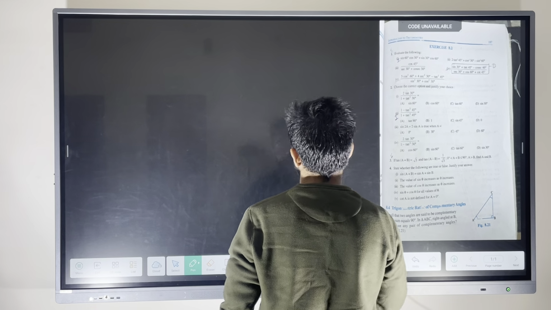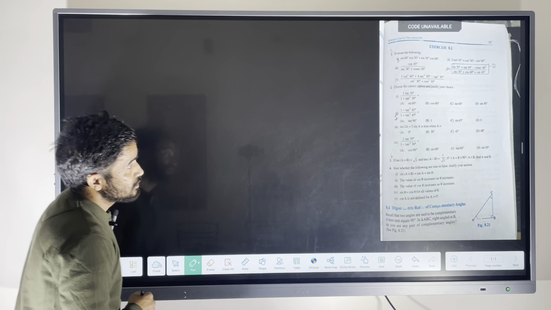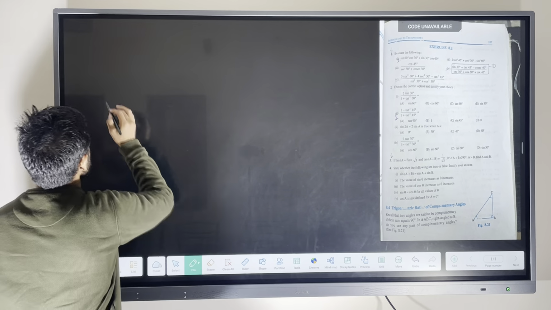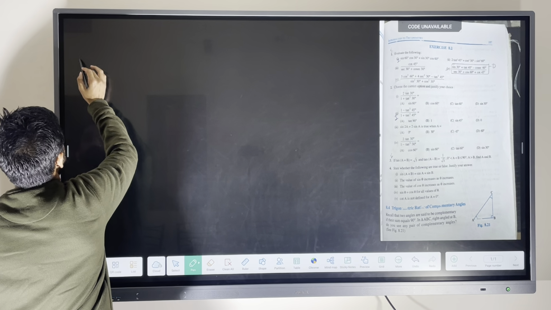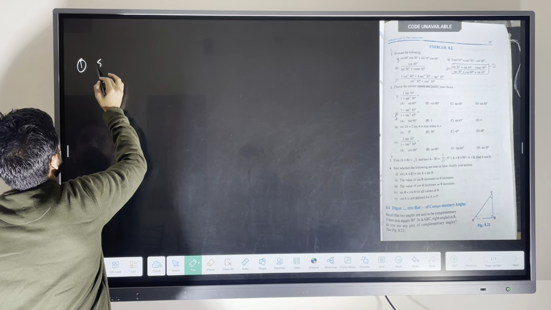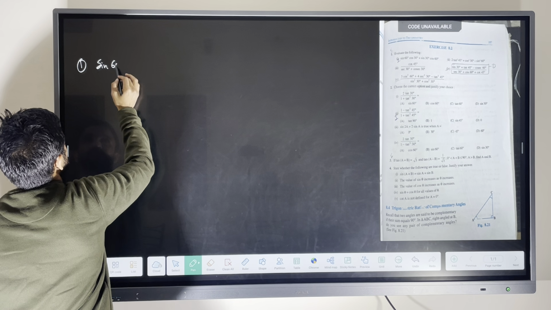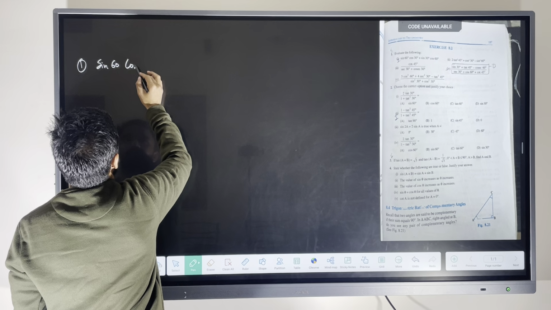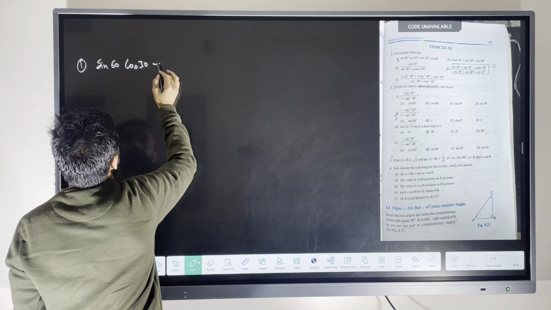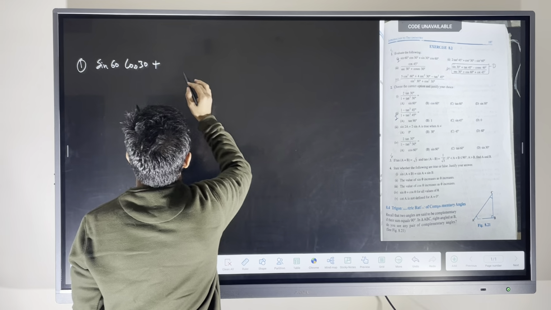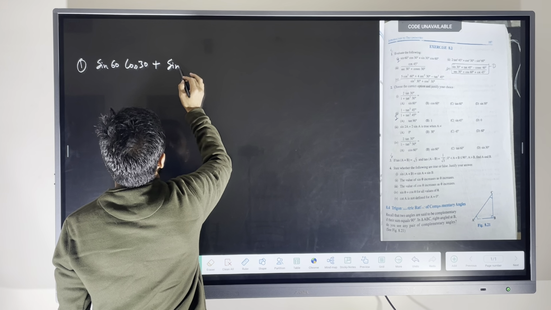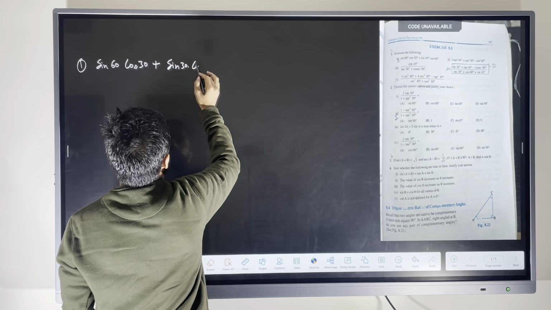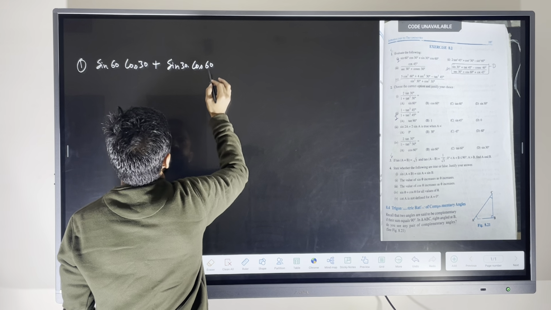Now, in the first question, we have sine 60 plus cos 30. Sine 60 plus cos 30. Now we have the first question, that is sine 60 into cos 30 plus sine 30 into cos 60.